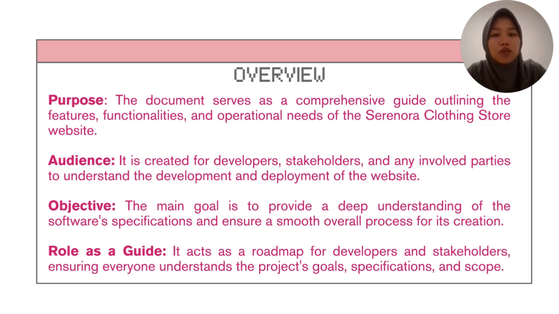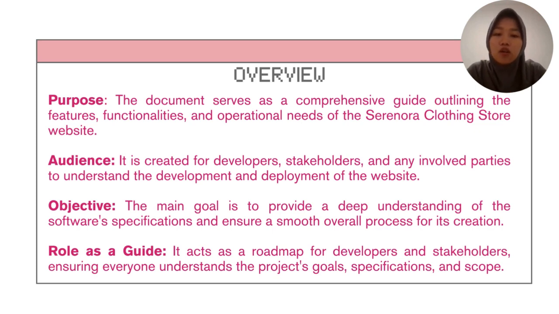Okay, so this is the overview of this document. The purpose of this document is to serve as a comprehensive guideline outlining the features, functionalities, and operational needs of the Serenora clothing store website. The target audience is the developers, stakeholders, and any involved parties, to understand the development and deployment of the website.